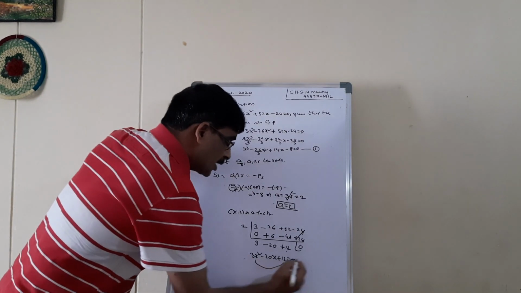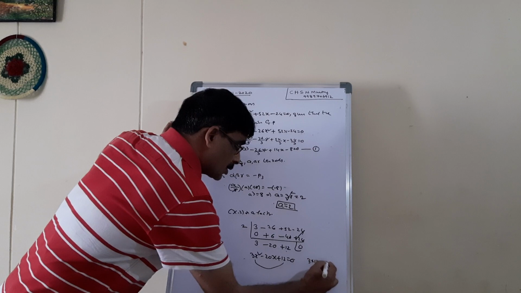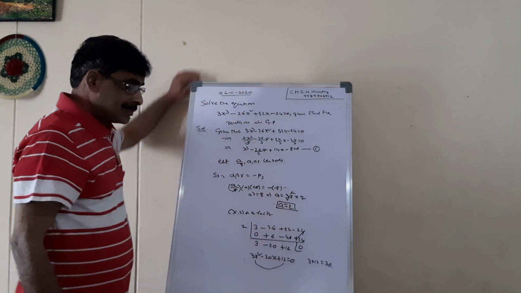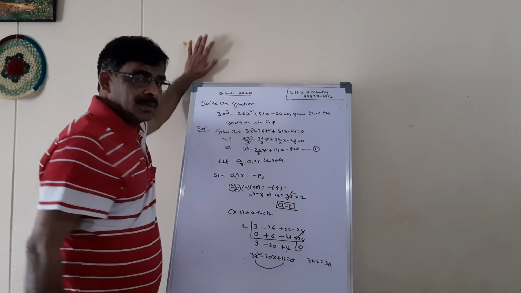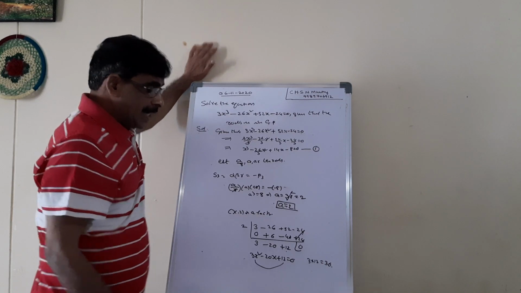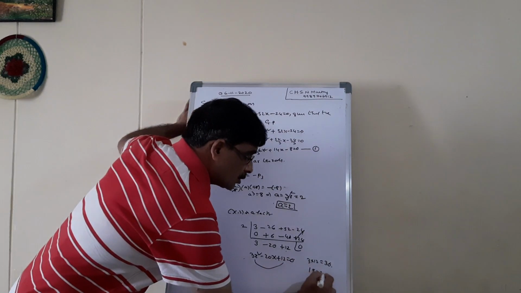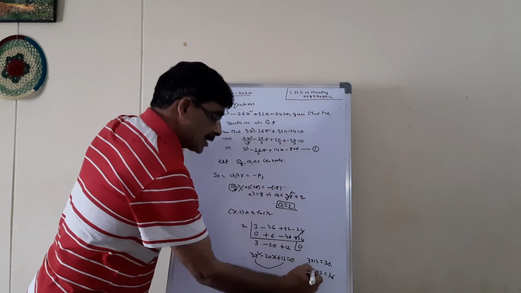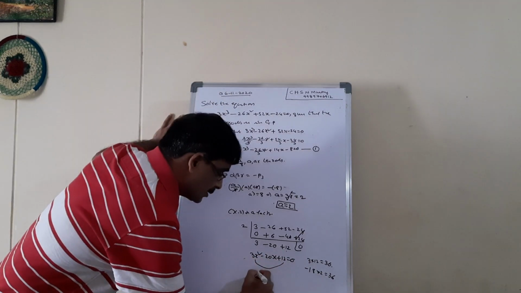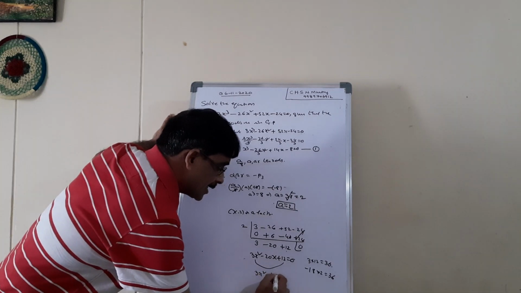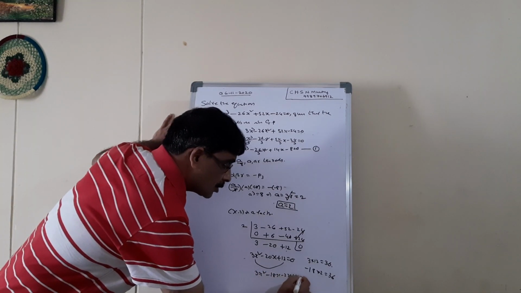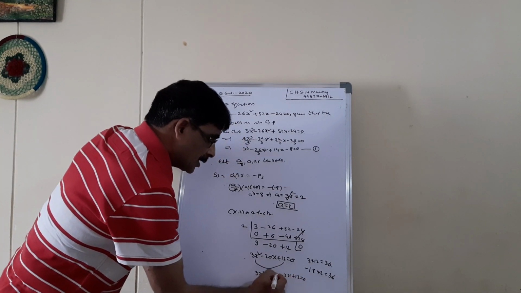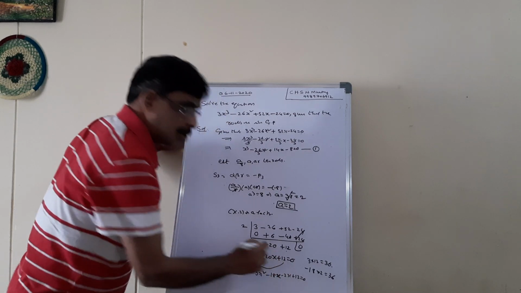Now we have to find the factors of 3x square minus 20x plus 12 equal to 0. 3 into 12 equal to 36. Here we want 20. 18 twos are 36. You take the sum of these two as 20, with both minus. You can write this as 3x square minus 18x minus 2x plus 12 equal to 0. Minus 18x minus 2x equal to minus 20x.